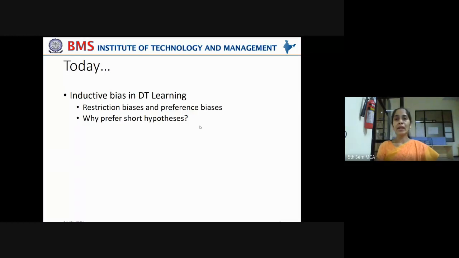Now, when a new unseen data is given to the learner or the machine learning algorithm, it may not be able to generalize well. It may predict wrongly because it will consider every possible alternative. Instead, if there is an inductive bias that only conjunctive combination of attributes is allowed, disjunctive combination is not allowed, meaning only strict rules are allowed, and this also should be true and this also should be true, like that, then there will be a limitation on the hypothesis, right?